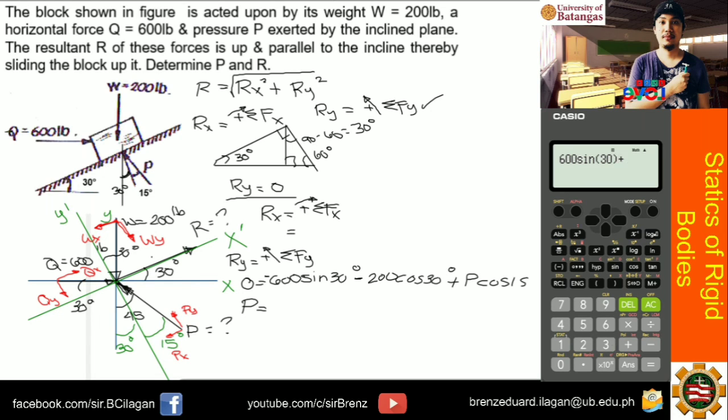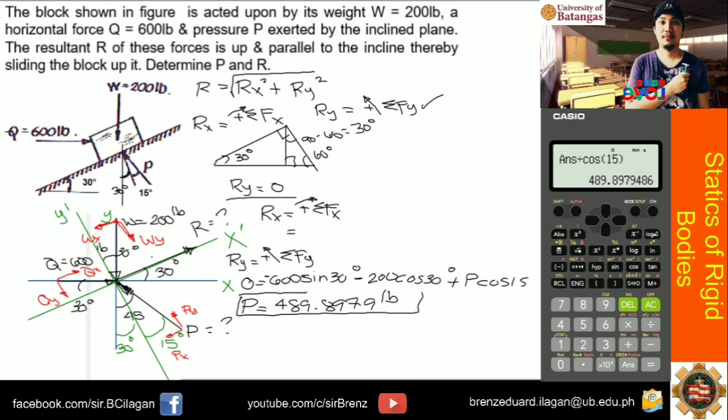So plus 200 cosine 30 degrees divided by cosine 15. So that is 489.8979 pounds. Okay, so we have now the value of p.